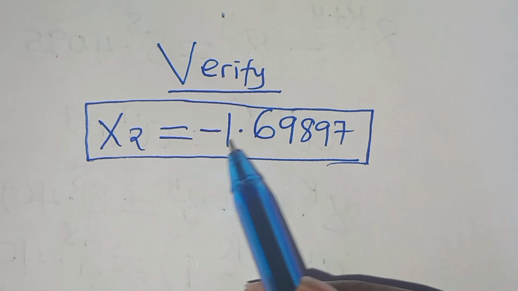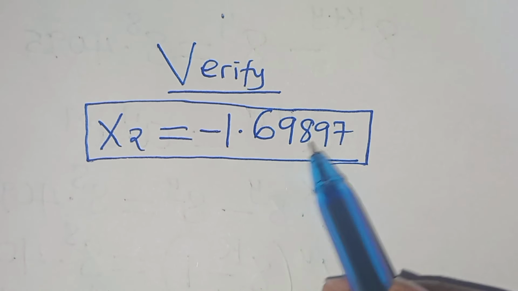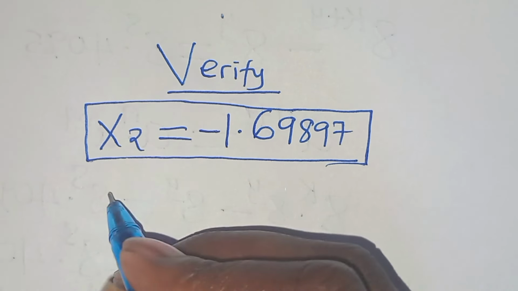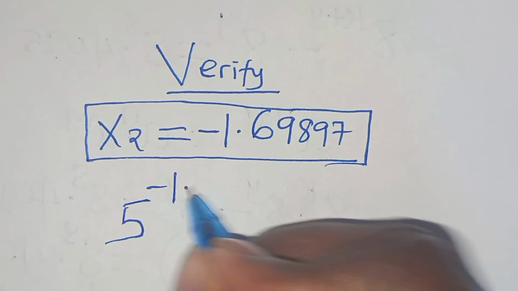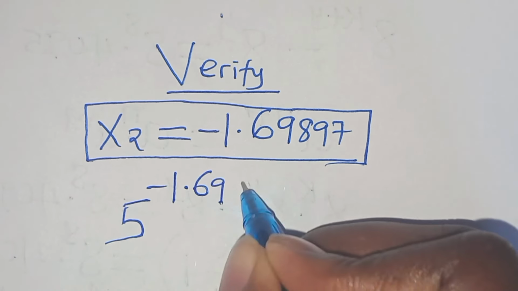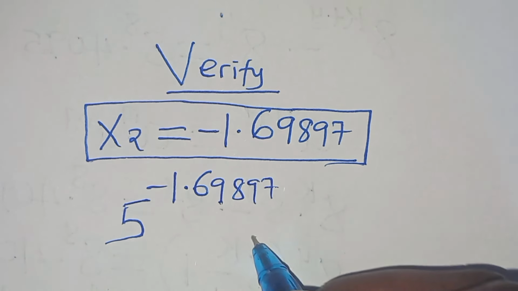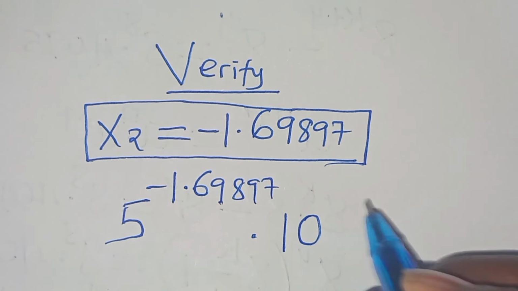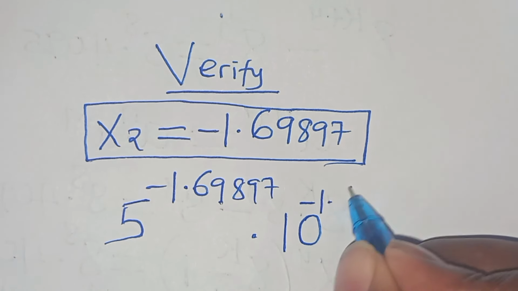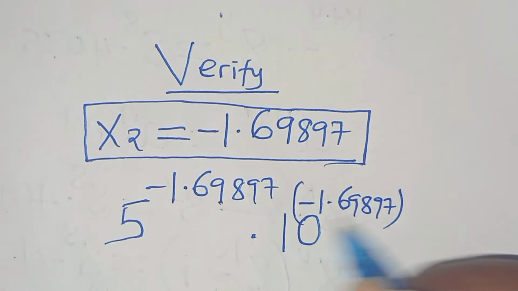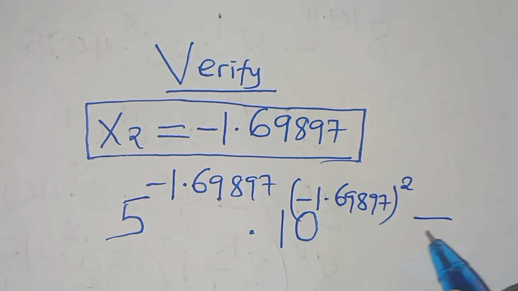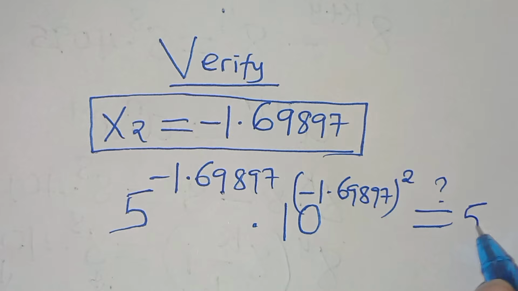Now let's substitute x2, which is minus 1.69897. So we have 5 to the power of minus 1.69897 multiplied by 10 to the power of minus 1.69897 raised to the power of 2. This is supposed to give us a value of 50.